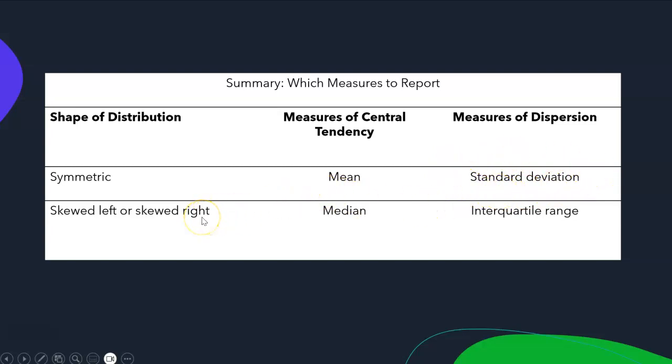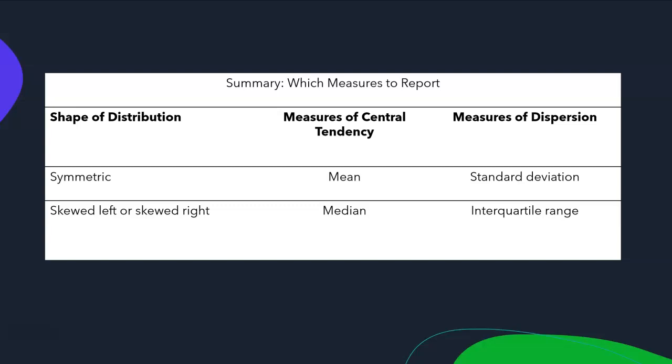But if our shape is either skew left or skew right, then the best measures to use would be the median and the interquartile range for our dispersion, okay? So these are our standard rules. If we have symmetric data, the best measures to use will be our mean and standard deviation. And if our data is either skew left or skew right, we'll use our median and our interquartile range for our measure of dispersion, all righty?